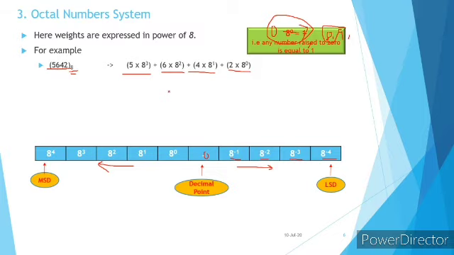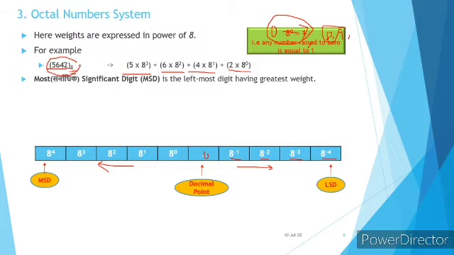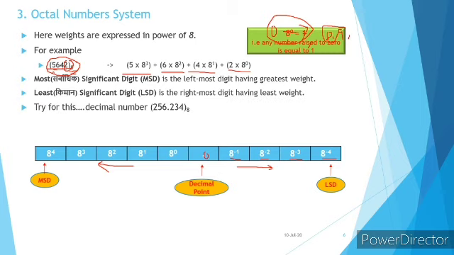Any number raised to 0 is equal to 1, which is applicable for this 8 raised to 0 also. Since these are digits, this is an octal digit. So this 2 is LSD and 5 is MSD, right?